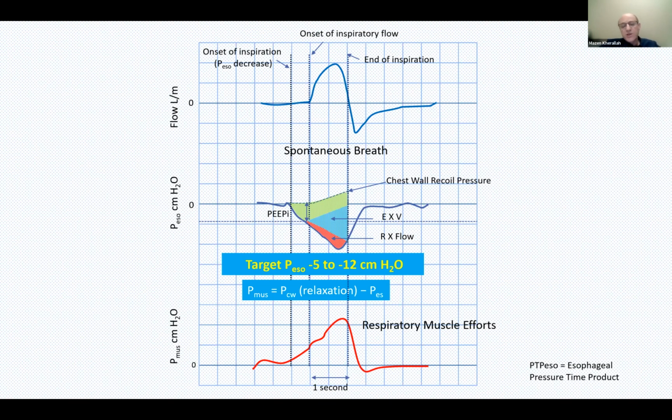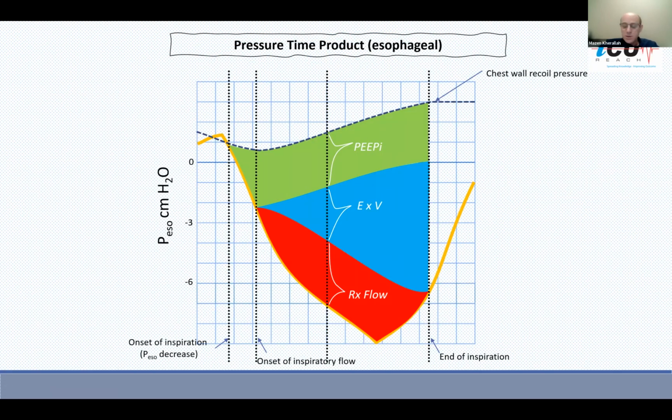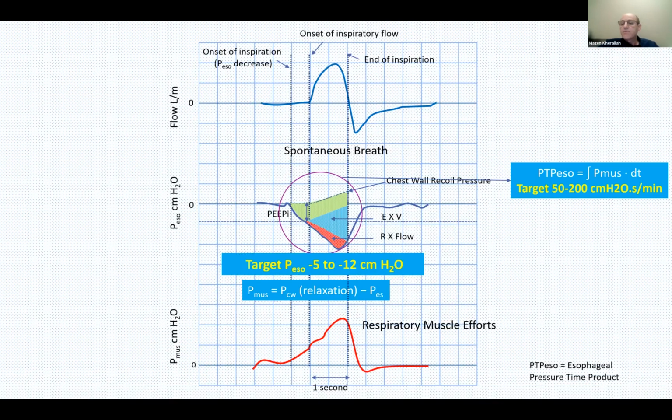At the same time, you can get the area under the curve, and you get what we call the pressure time product, and that target should be 50 to 200 centimeters of water per second per minute.